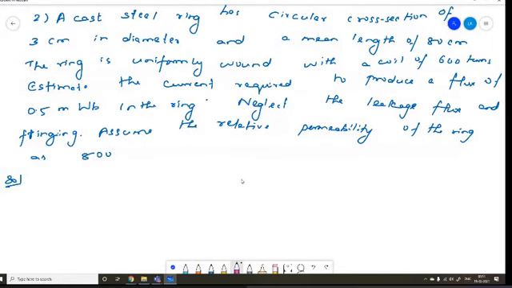So quickly let us try to figure out what are the things that are given for us. So it is again a steel ring. Let me express that in the form of a diagram. So this is a steel ring.